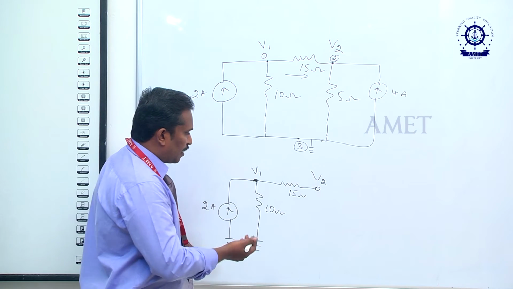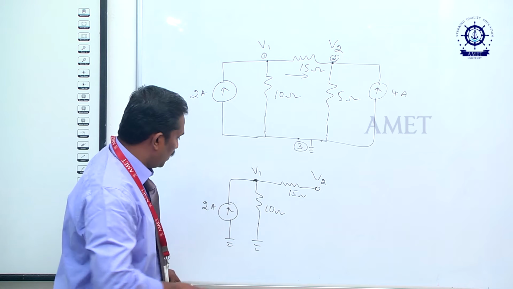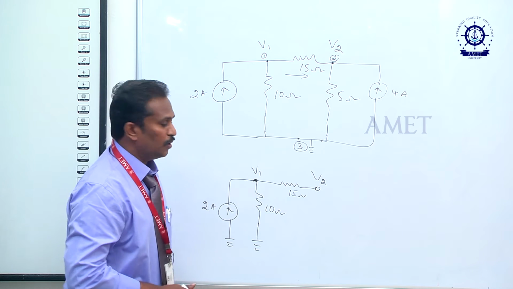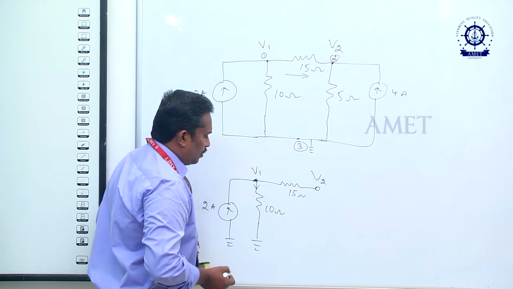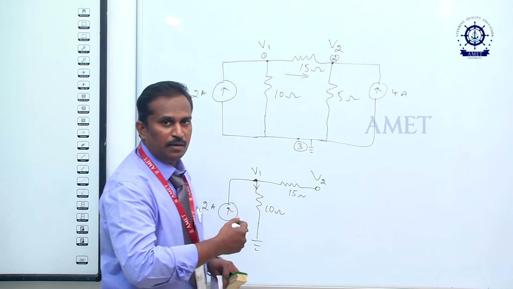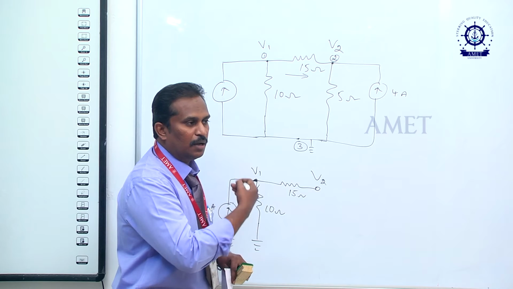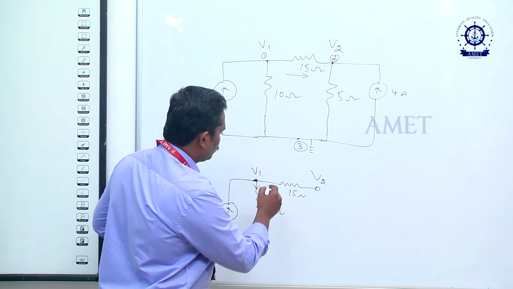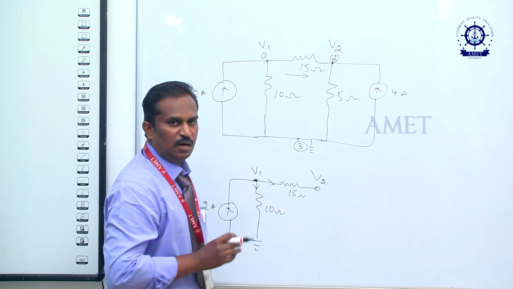Assign the currents in the resistors. The current directions are unknown, only the current direction of the current source is known. I assume the currents through the resistors are leaving from the node. So in the 15 ohm resistor also the current is leaving from the node.